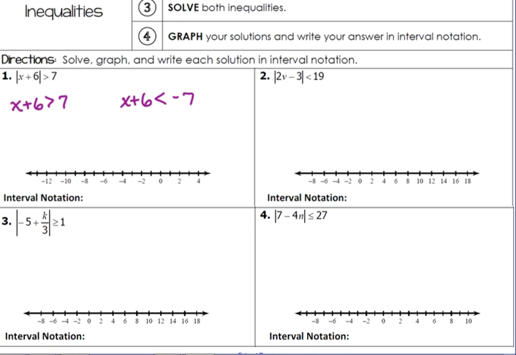Okay, so keep it, switch, switch. Switch the inequality, switch the sign of what was on the other side. And the reason why we switch the inequality is because we're making that a negative number. Remember the rule with inequalities, anytime you multiply or divide by a negative, you got to flip that inequality, and that's going to come into play here later on.